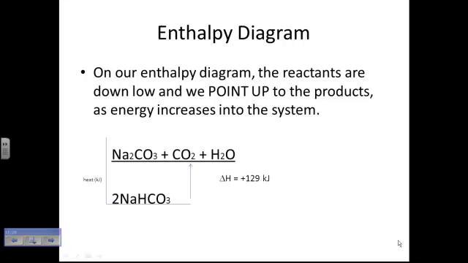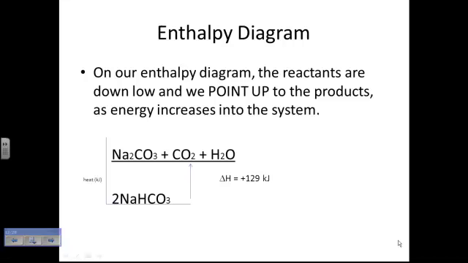We're being asked to show this process on an enthalpy diagram. The enthalpy diagram simply shows an XY coordinate that separates the reactants and products based on the heat lost or gained of a system. When the heat is lost, exothermic, and in our last example, we showed the arrow pointing down with a loss of delta H. In this example, since it's endothermic, we're gaining heat into the system.